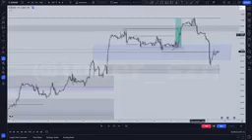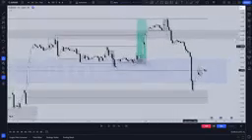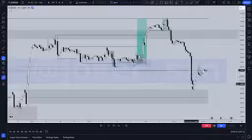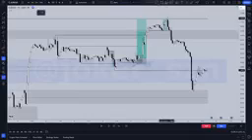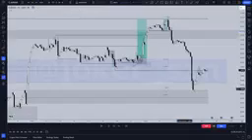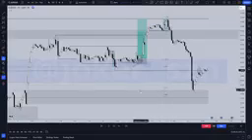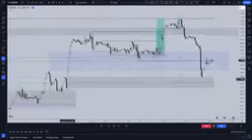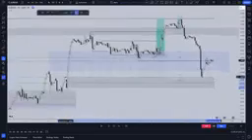And we then used this and sold off into the weekly inversion fair value gap, which is also aligning. If we take the standard deviations again, you can see that we trade perfectly between the 4th and the 4.5 standard deviation, and we also are now trading in this bullish order block right here.